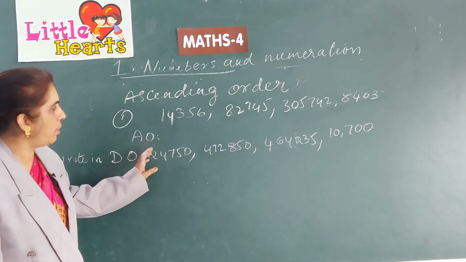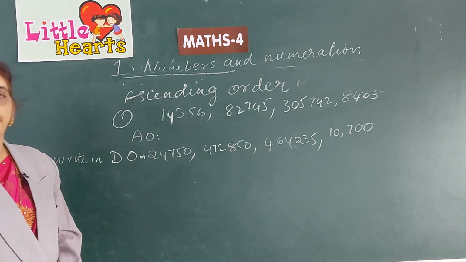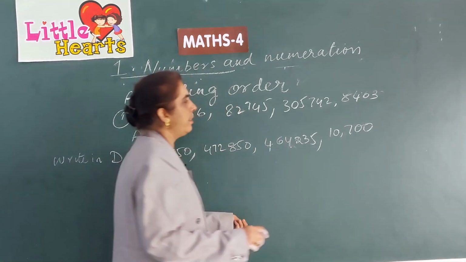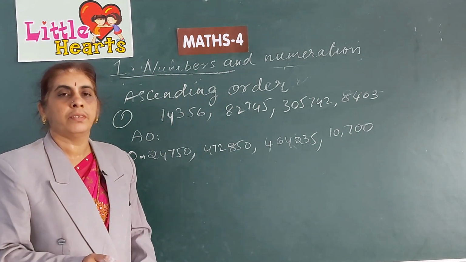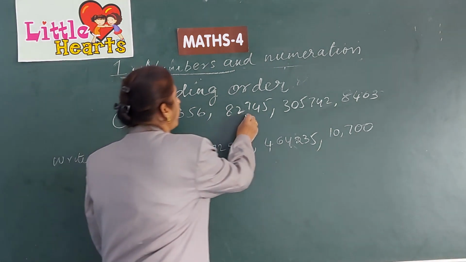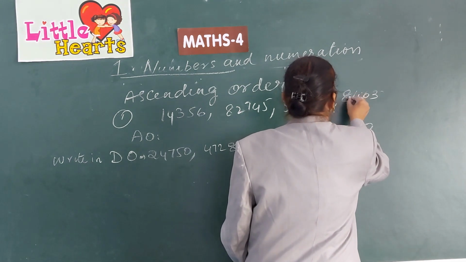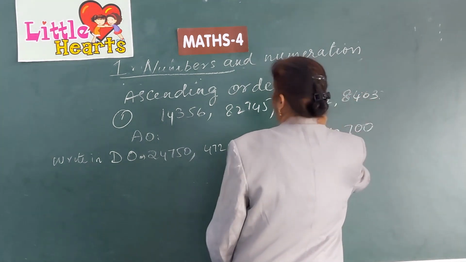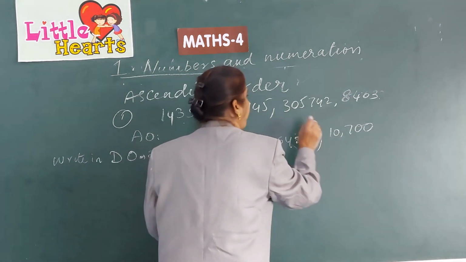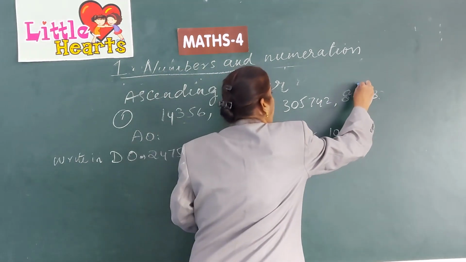Now arrange the following numbers in ascending order. Ascending order is writing the numbers from smaller to bigger.